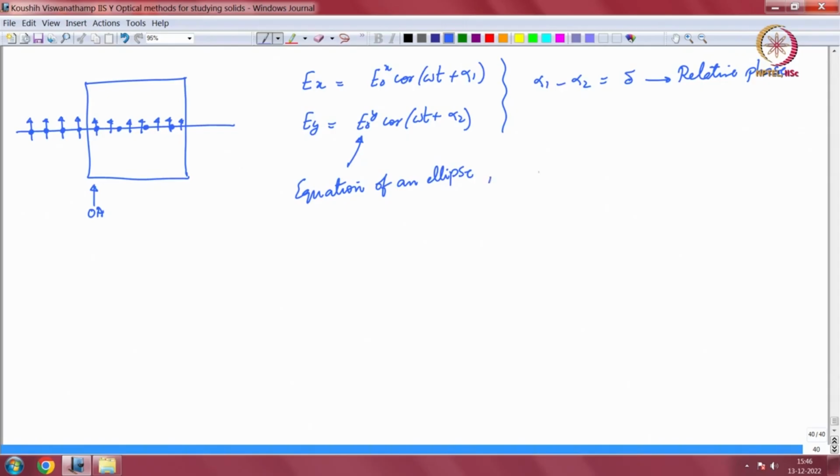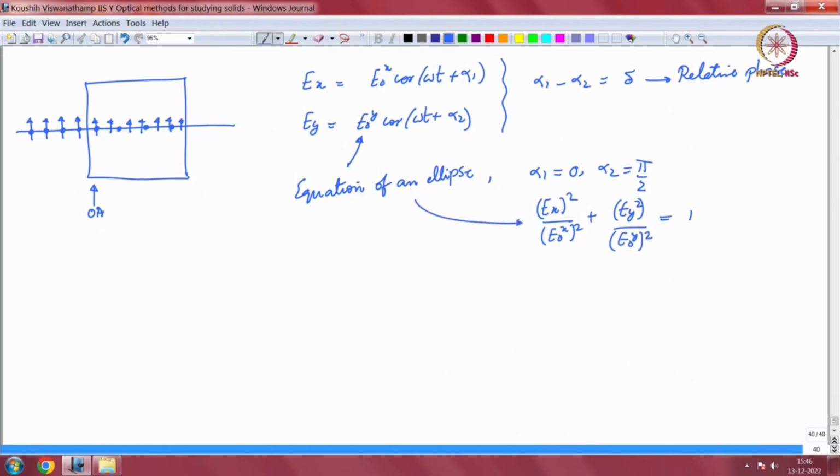If let us say for example, alpha 1 was 0 and alpha 2 was pi by 2, then you can write down Ex square by E0x whole square plus Ey square will be 1, because this guy will be cos omega t, this guy will be sin omega t, and then you divide and square and add, you will get 1, right. So, this is the equation of an ellipse.